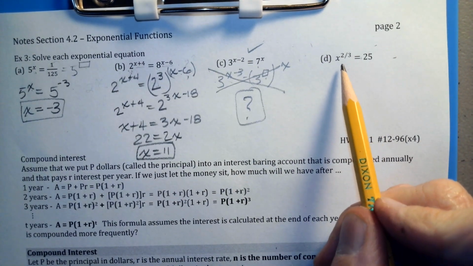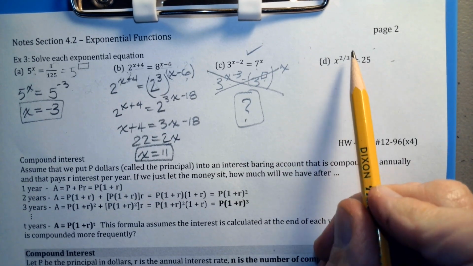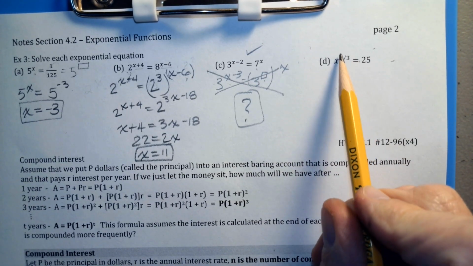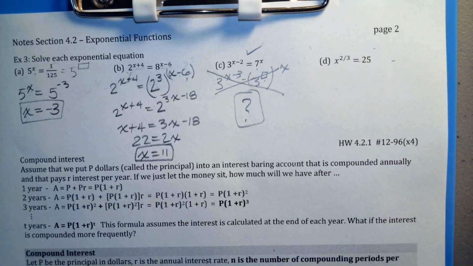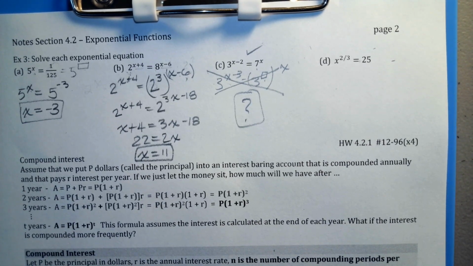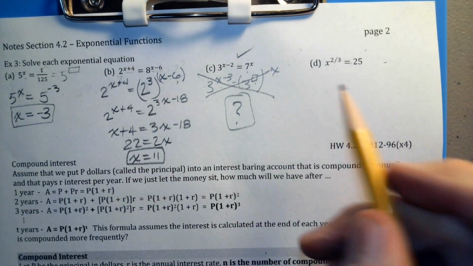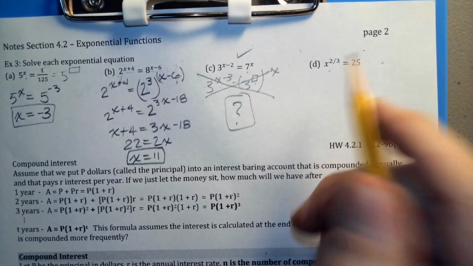Okay, next question, D. In this case, the variable x is not in the exponent, but x has a fractional exponent. So it's not technically what we would consider an exponential function, but it is a function with exponents in it. All right, so how would we do this? Remember, we want to get this x by itself.